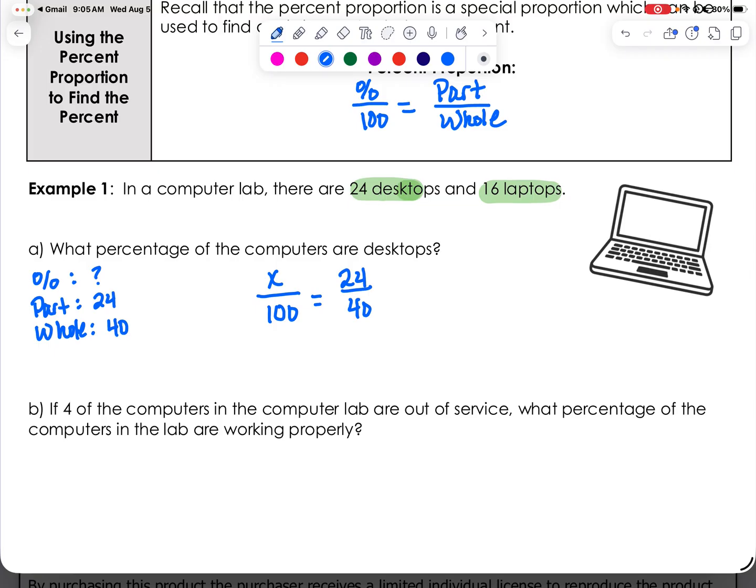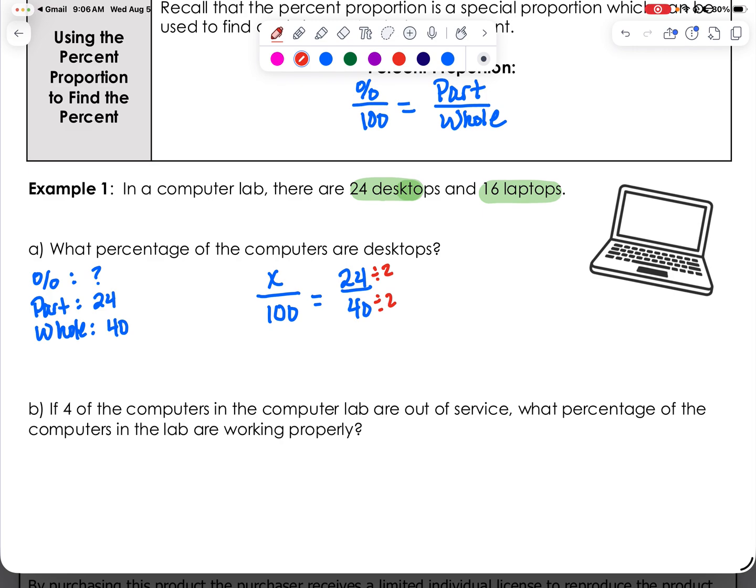But it's not easy to identify the scale factor with this proportion written like it is. Sometimes you can find the scale factor easily if you simplify one of the fractions. So what if I divide the numerator and the denominator by 2?